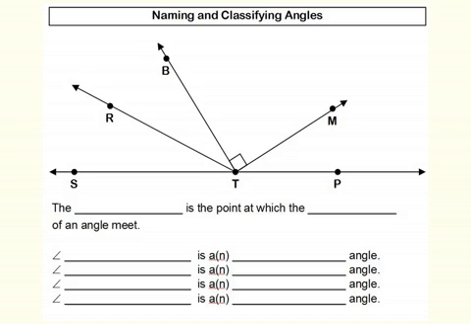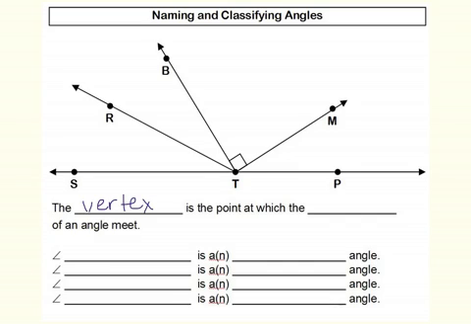Okay, here we're going to be working with naming and classifying. So to name them, we have to know how to read these letters and these points here. Okay, and this particular drawing, this point is a real important one right there. And so that guy is the vertex, V-E-R-T-E-X.